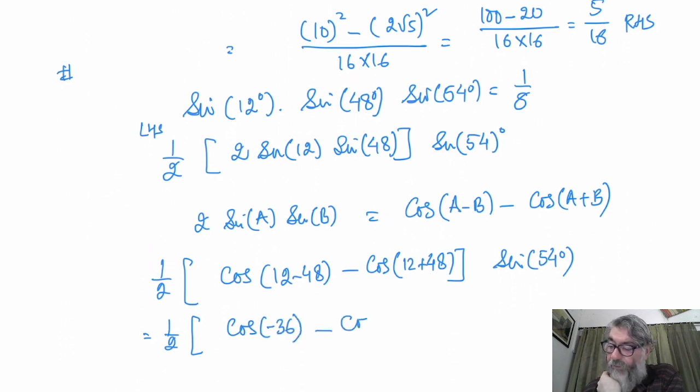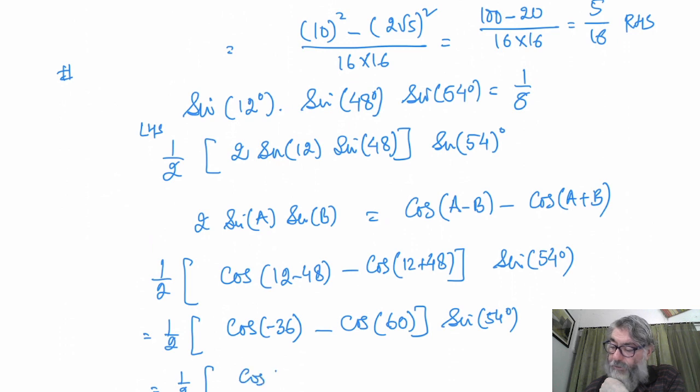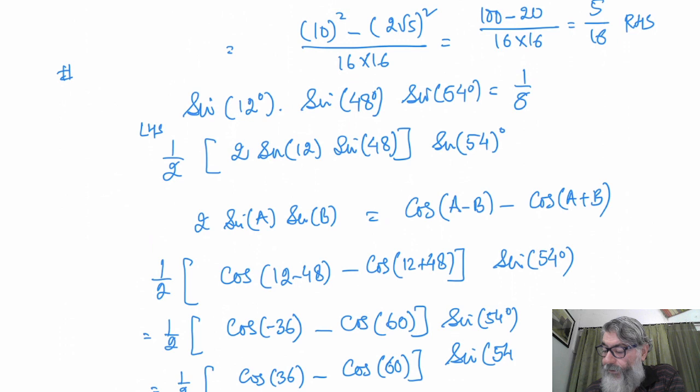And this will be 48 plus 12, which is cos 60, and sine 54 degree. 1 upon 2 cos 36 minus cos 60, sine 54. 54 is the complement of 36, since 36 plus 54 is 90, or you know the value of sine 54 also directly, so we can write sine 54 degree also.